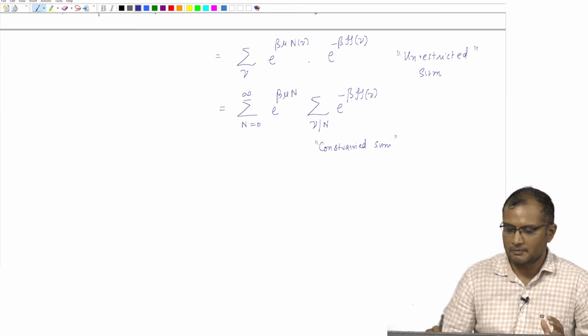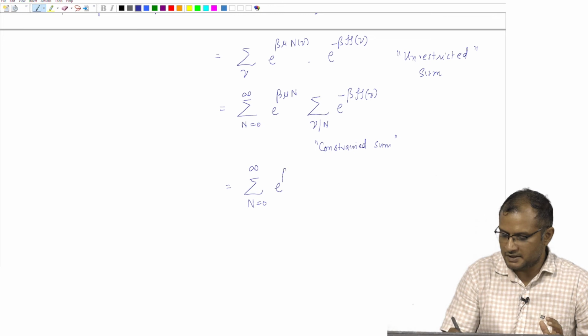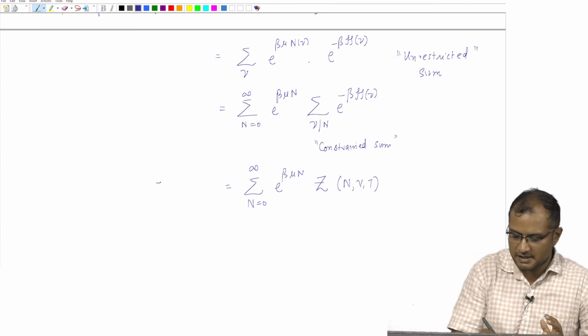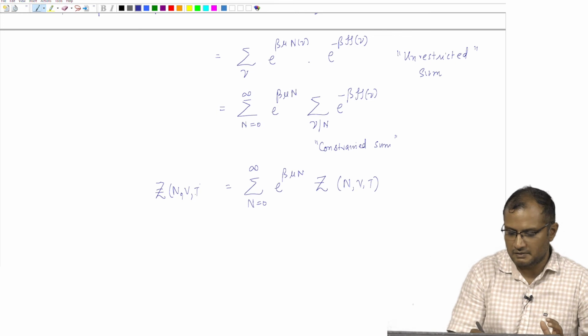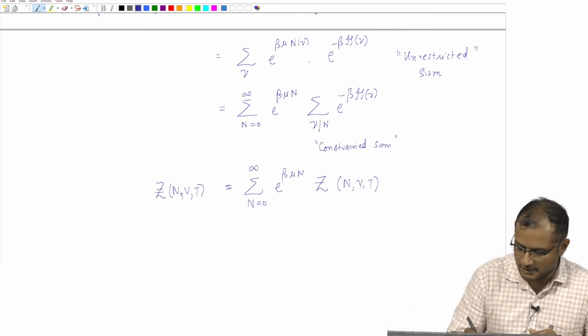This is easy to perform and this was computed in the class to be e to the power beta mu n and the canonical partition function. So, the left hand side is the grand partition function with a double strike-off and the right hand side is the canonical partition function.